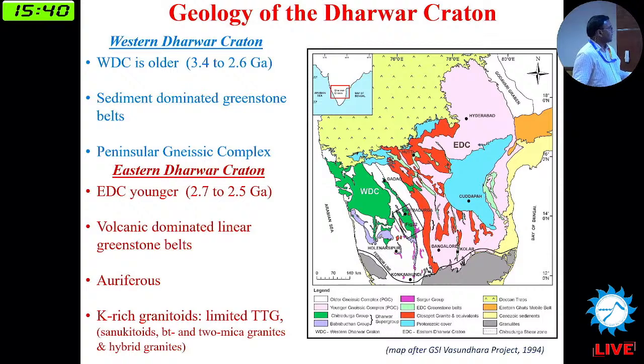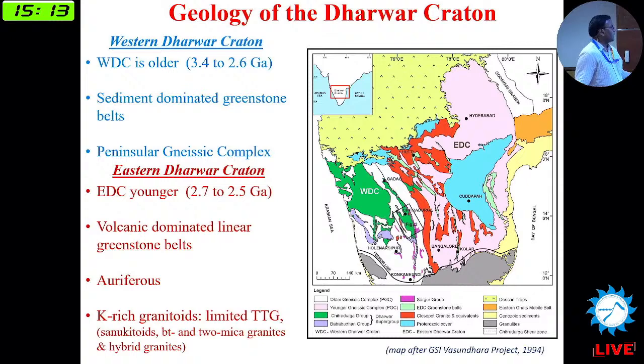The western Dharwar Craton is the oldest part, hosted by sediment-hosted greenstone belts, with the Peninsular Gneiss Complex as the basement for both. The eastern Dharwar Craton is relatively younger, mostly Neoarchean, 2.7 to 2.5 billion years, and its greenstone belts are very linear, and most of them are auriferous.